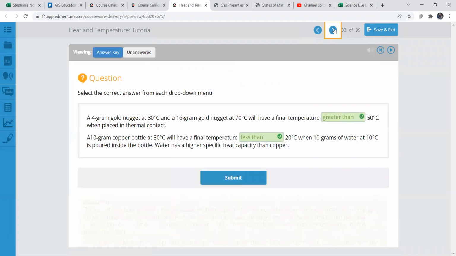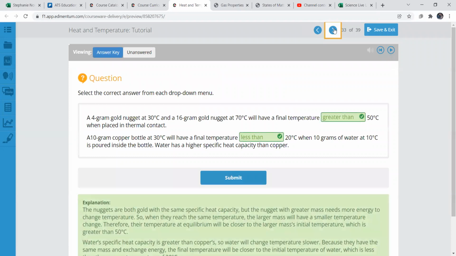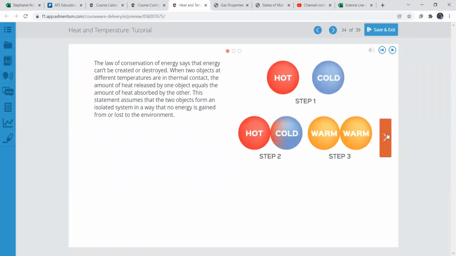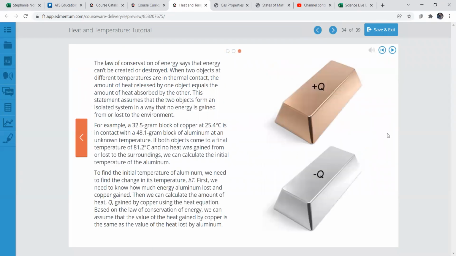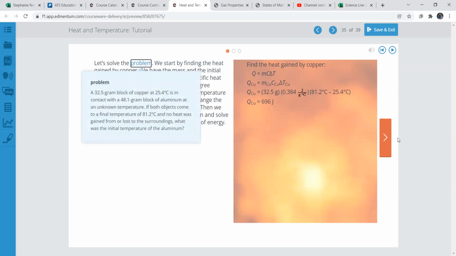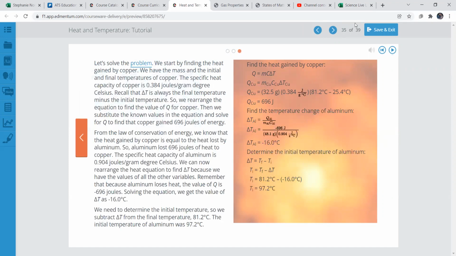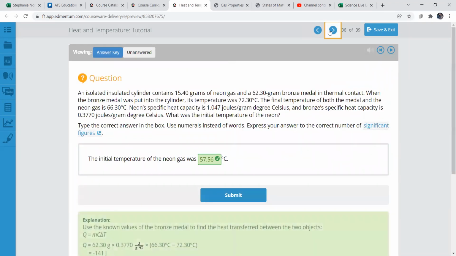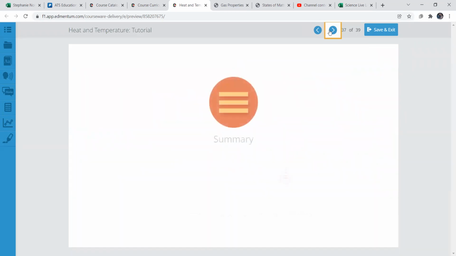Okay, this just kind of goes over a couple of things. Just shows you a few other things here. Okay, this gives you a couple equations. Hopefully that clears it up and gives you a little bit better understanding.